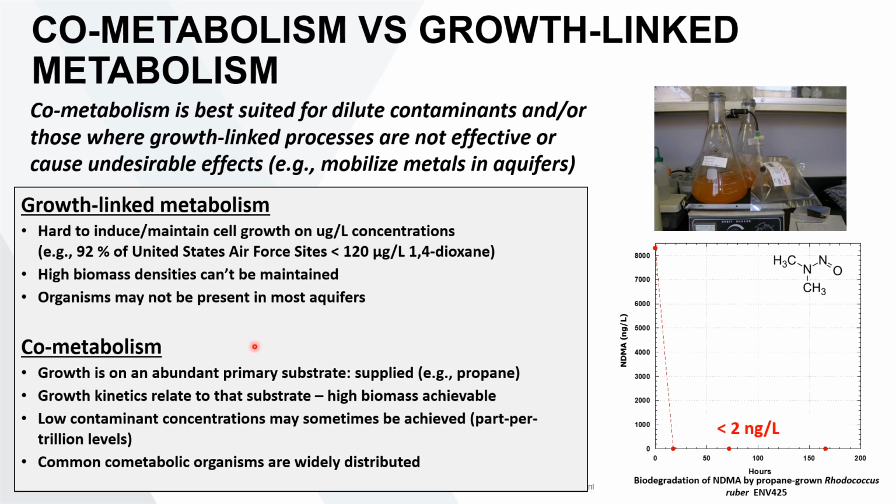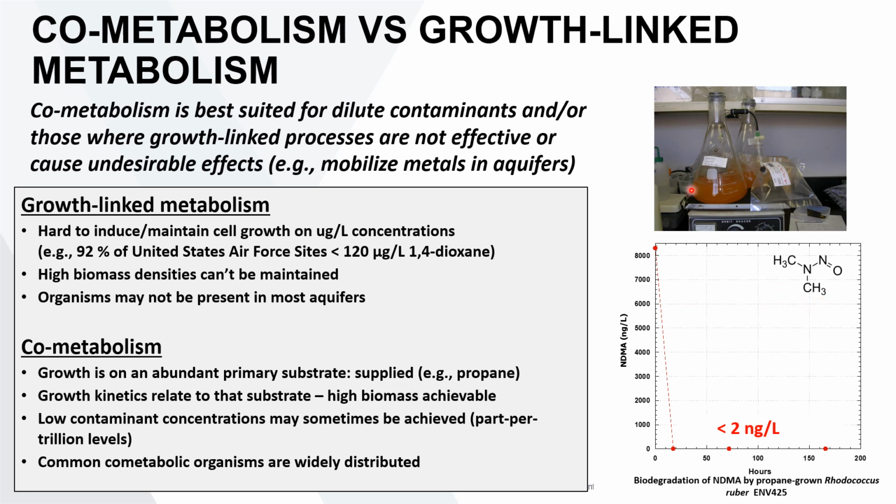Now with co-metabolism, growth is abundant on a primary substrate, so you're actually adding a substrate, let's say, to an aquifer, so you can really get high biomass that way. And there are times when you can achieve very low contaminant concentrations. This is a nice example of that with the molecule NDMA, or N-nitrosodimethylamine.